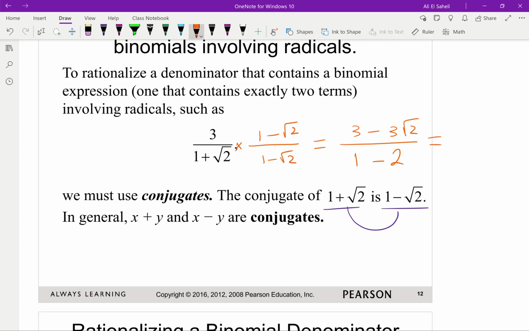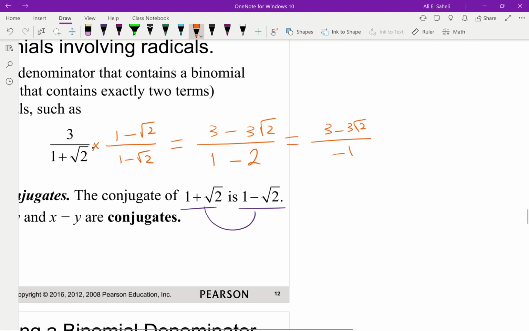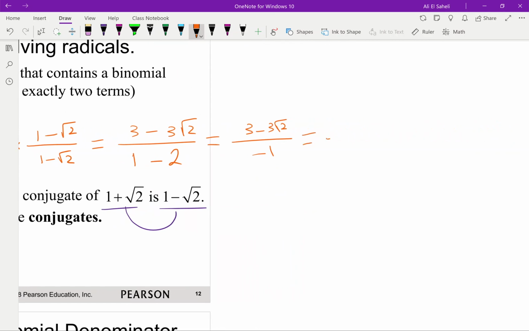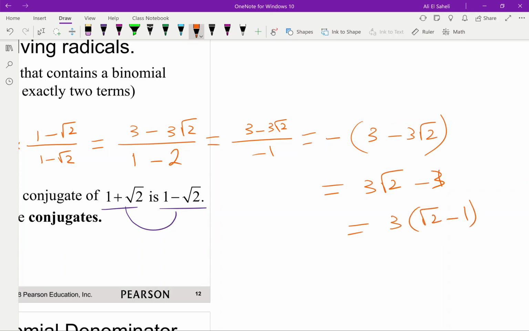So here we have minus 1 in the denominator. Okay, so this is 3 minus 3 radical 2 over minus 1. So remember, the minus can go anywhere, and since dividing by 1 is like no denominator, this is what we have. So this is 3 radical 2 minus 3, or 3 times radical 2 minus 1.